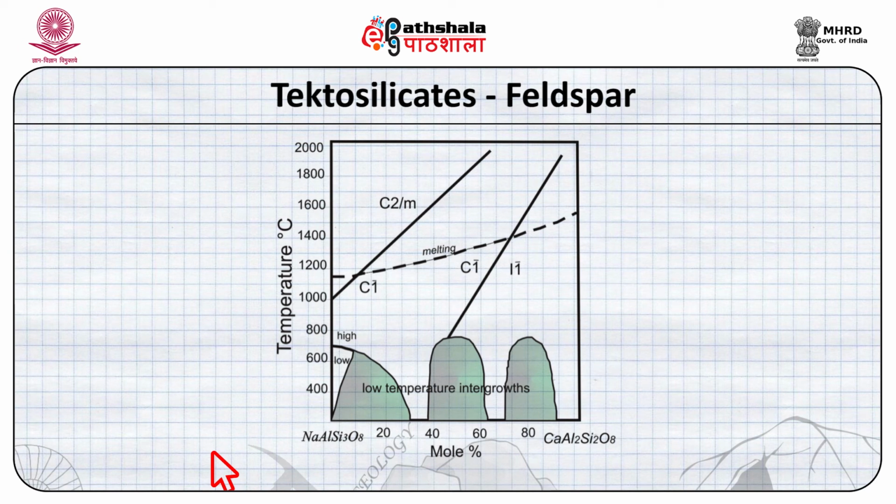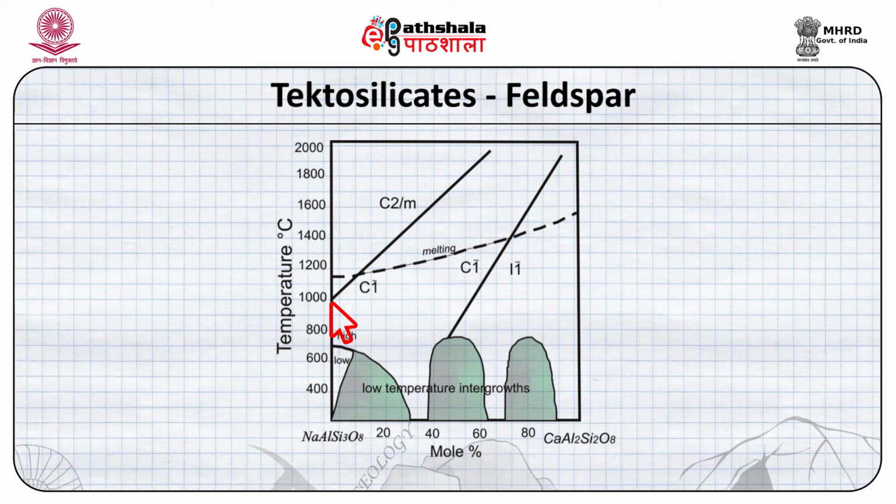In this diagram, as we see, there are two positively sloped lines which segregate C2/M, that is the monoclinic structure, towards the high temperature side. As I mentioned earlier, high temperature means more disordered feldspar, and this slope intersects the temperature axis at 1000 degrees centigrade.